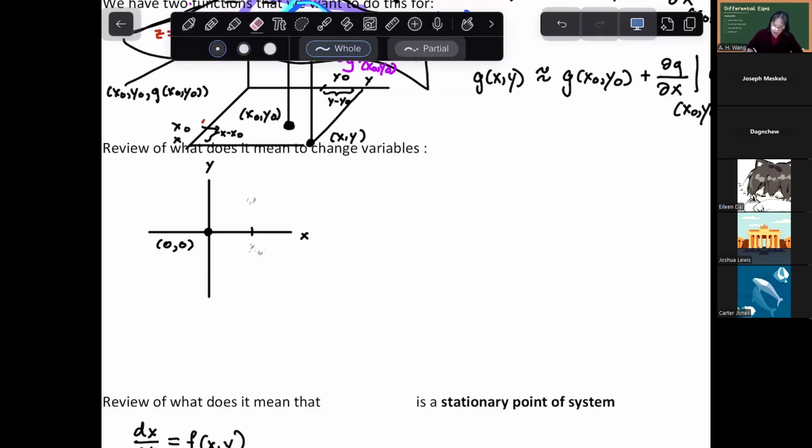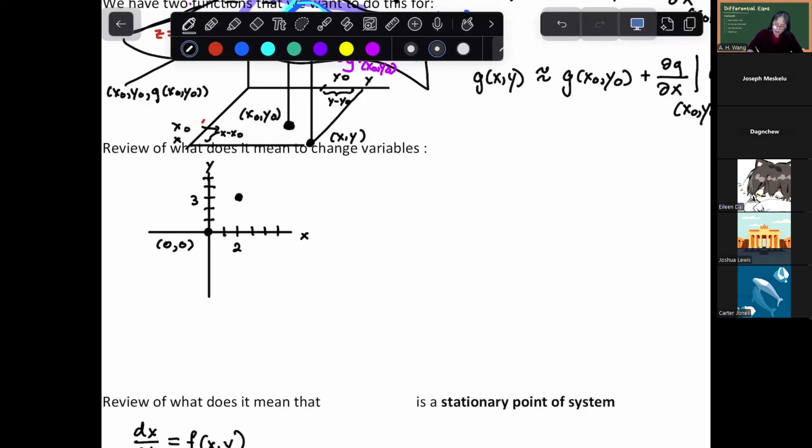Let's mark 1, 2, 3, 4, 5 along each axis, and let's do 3 right here. So you see this is the point 2, 3.